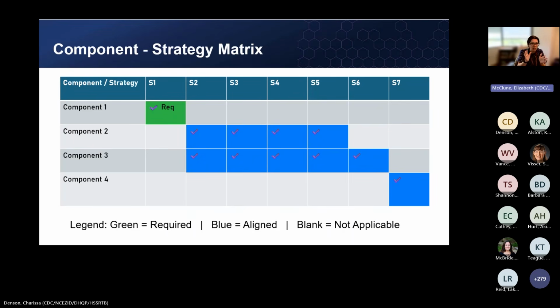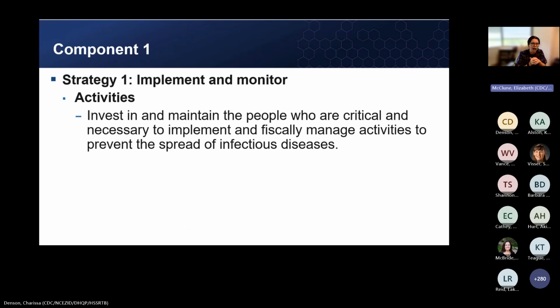As you'll see throughout the narrative of the NOFO, not every strategy applies to every component, so please focus only on the strategies linked to your selected component. Of course, I can't emphasize this enough, component 1, strategy 1 is required. On the next slide, we can go through how they align.